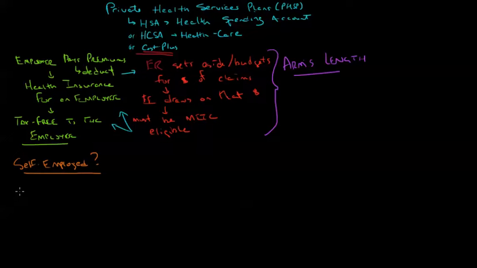So a self-employed person, they could go out and buy a plan of insurance, but if they're going to use one of these other arrangements, this health spending account or cost plus arrangement, then the limit here is $1,500 per adult in this self-employed person's household and $750 per child.